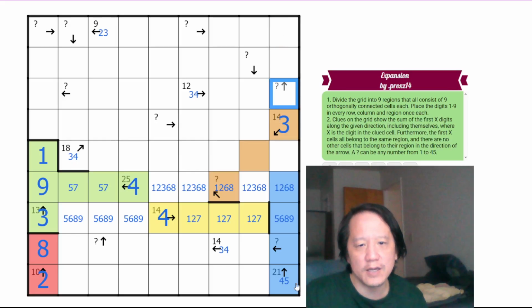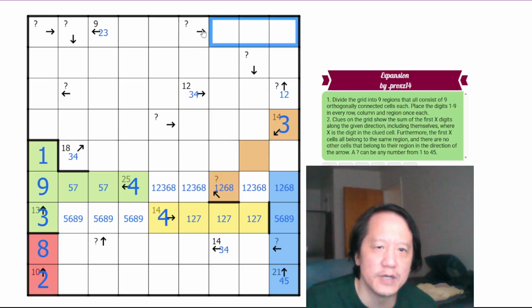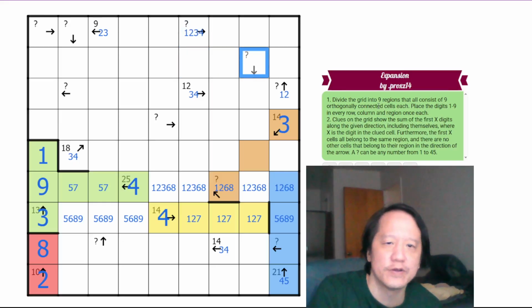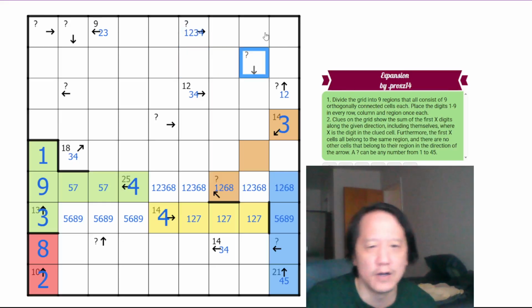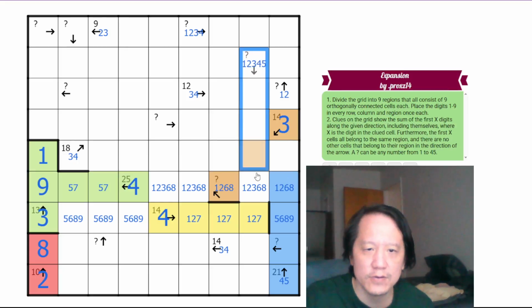It can't be greater than 3 because we only have 3 cells in that direction. So this is 1 or 2. Same with this. This can be up to 4. 1 through 4 there. It has to stop at the yellow. Because if it goes all the way down to orange, it cannot be part of yellow. So this is 1 through 5.